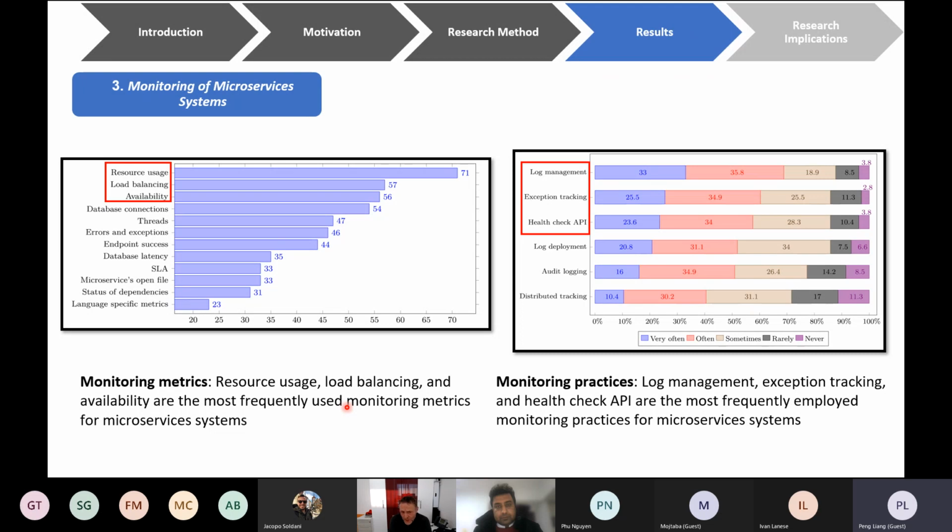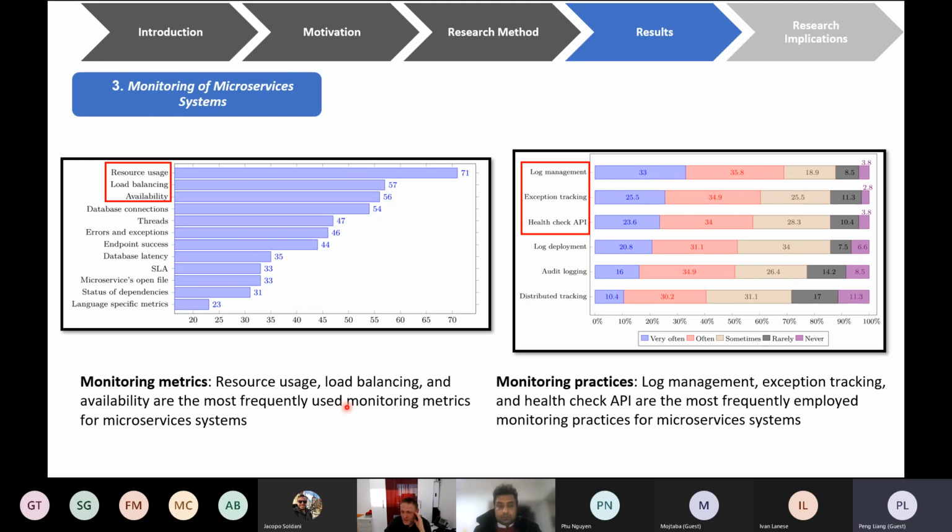Also in this case, we asked the interviewees the reasons why these monitoring practices are frequently used. They replied that monitoring practices are useful to help perform root cause analysis for specific issues and other stuff.